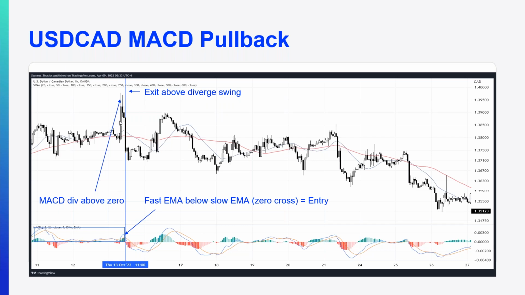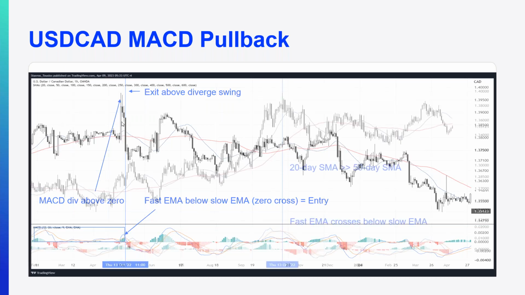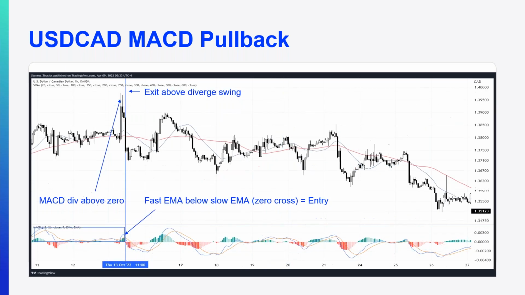We also need the prices to go above the previous high to create the actual divergence. So that happened in the 1 hour candle. So that worked okay, right? Now, the fast EMA crossed below the slow EMA, the zero cross.